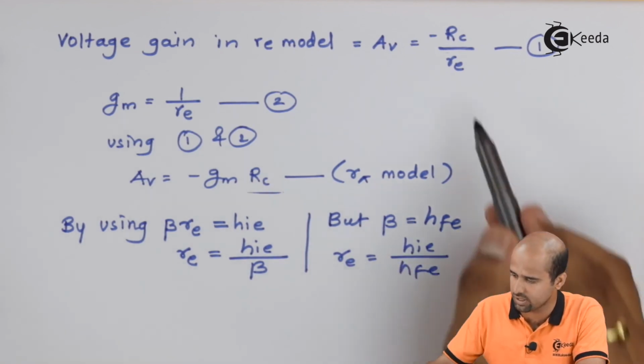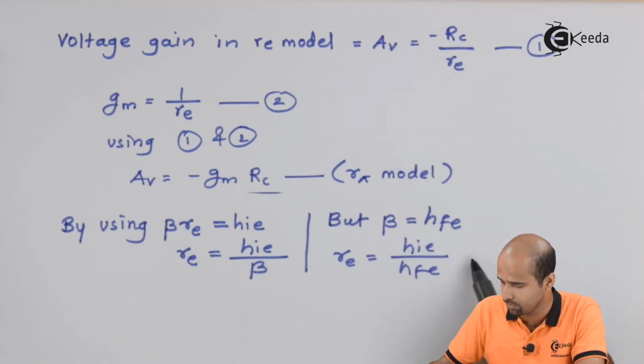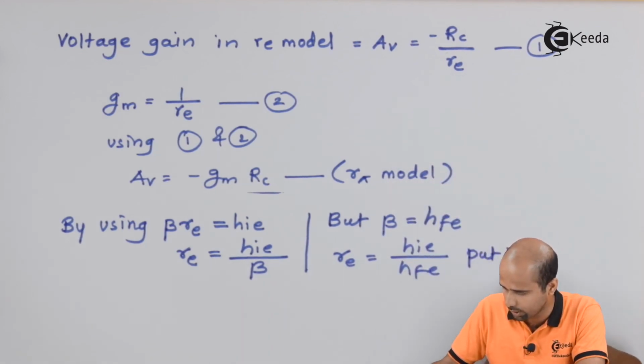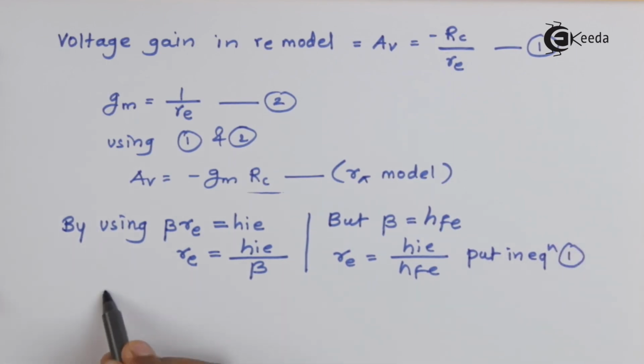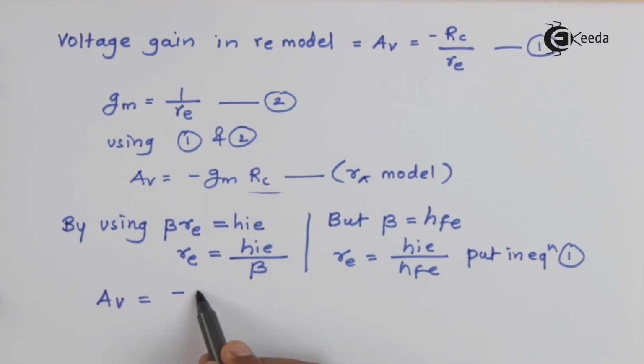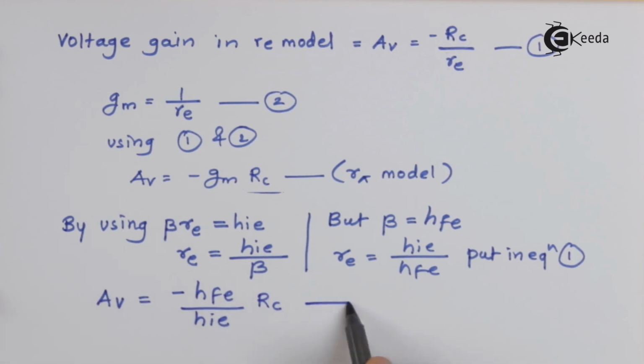Just implement this in your first equation, put in equation number 1. What do we get? That is nothing but your voltage gain is equal to minus hfe divided by hie multiplied by Rc, and that is nothing but with the H parameter model.